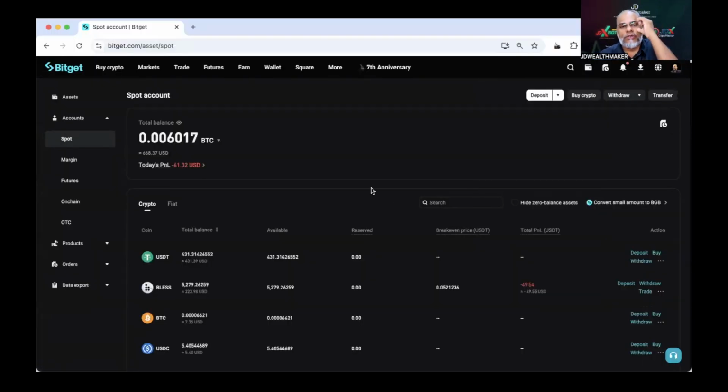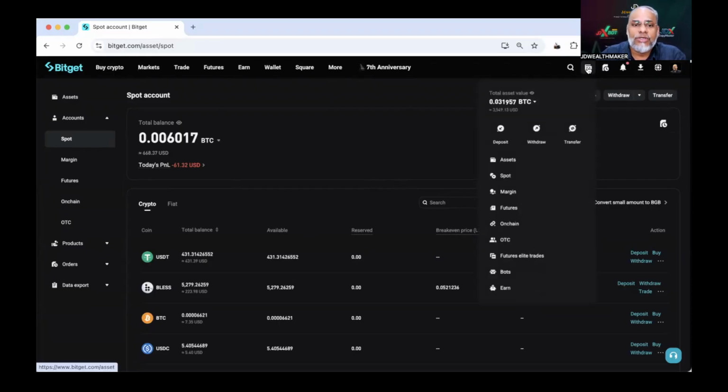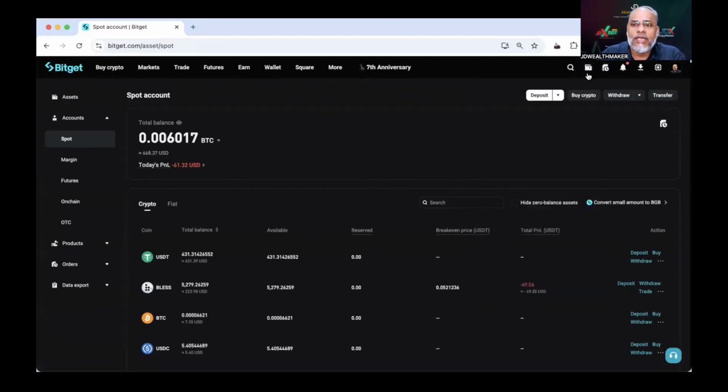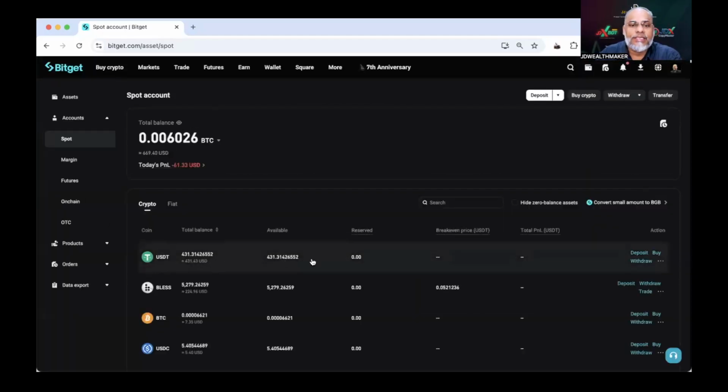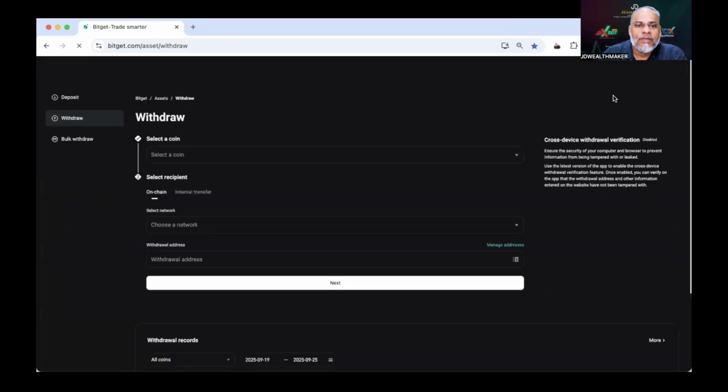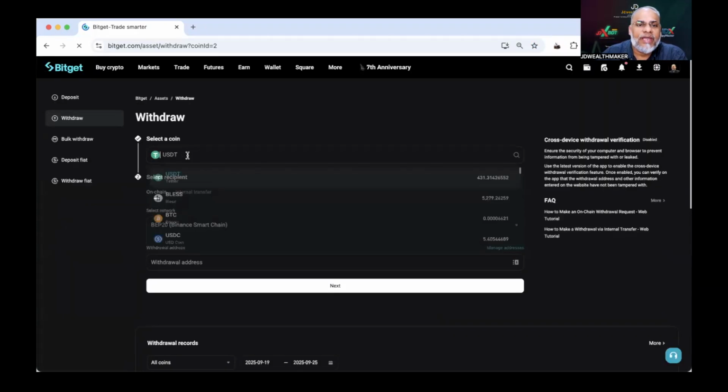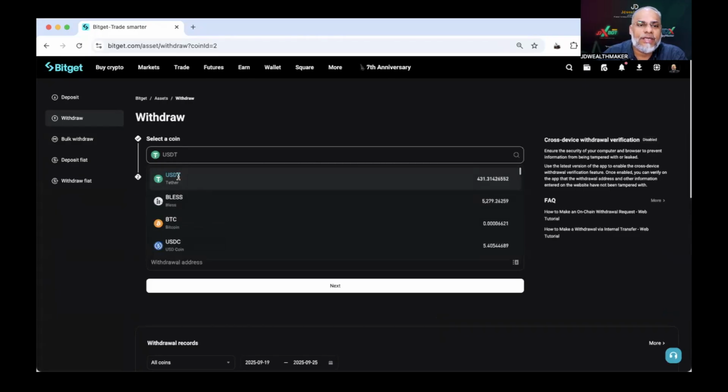If you go to your Bitget, you can either use the app or your browser. I'm going to my spot wallet, because this is where you have your USDT. You can see the USDT. I want to withdraw this amount, so I select USDT.